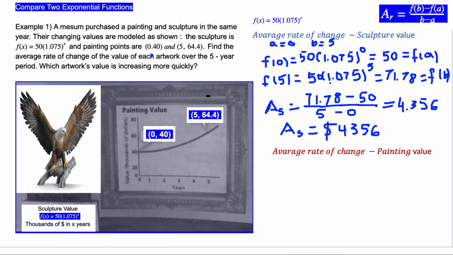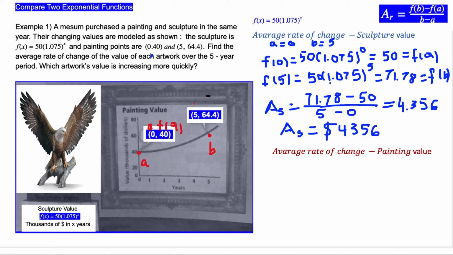Now let's look at the painting. For the painting, I will take this point A here, and this point B here. The first coordinate here is a, and the second coordinate, the y coordinate, is f of a.